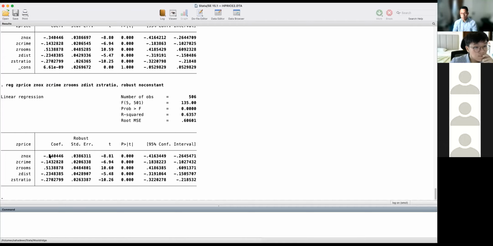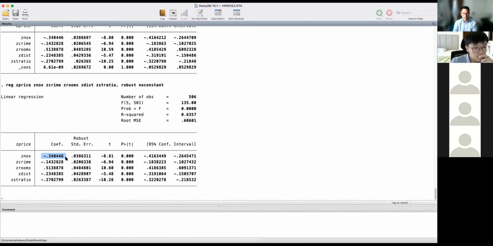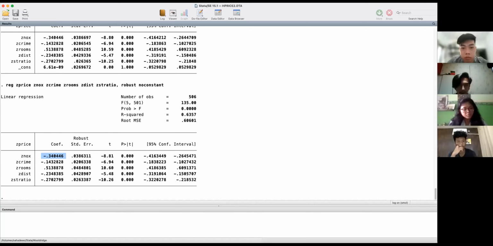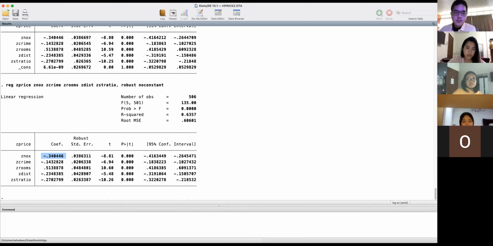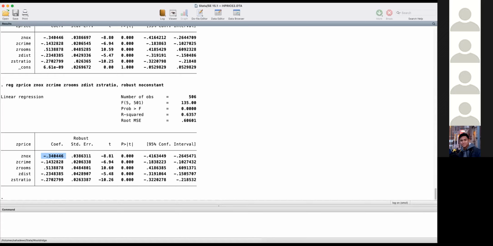All right. Does anyone want to provide an interpretation of the estimated coefficient for the nitrogen oxide? Any volunteer? Okay, Pramudio, can you provide an interpretation of the estimated coefficient for the standardized nitrogen oxide?